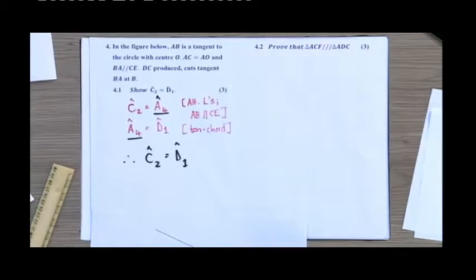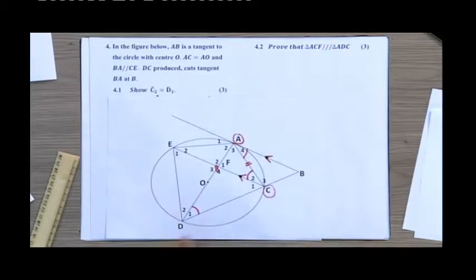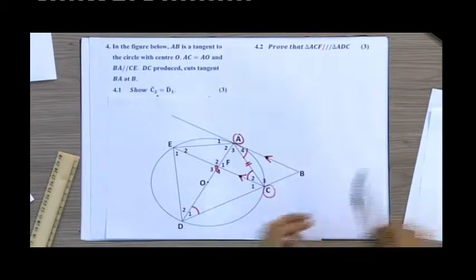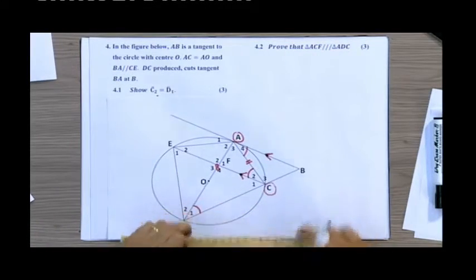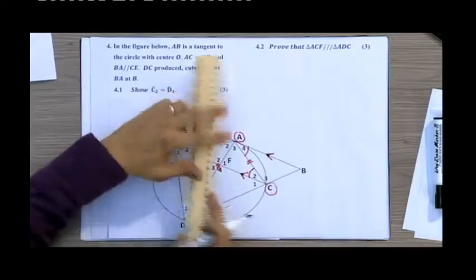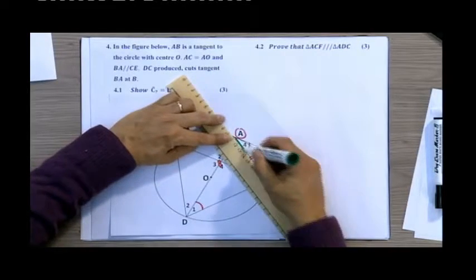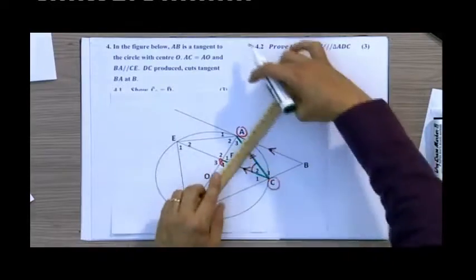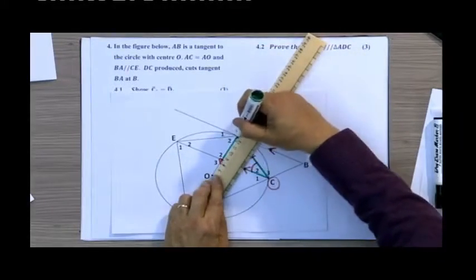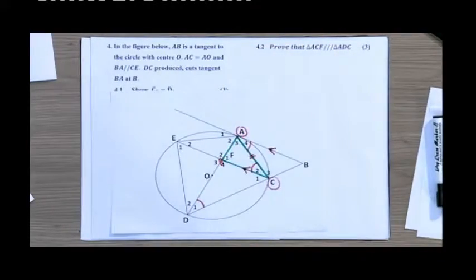With me? Right. Now let's just look at lastly the second question, and this is the last one that I would like to do. It says prove triangle ACF. Now where's ACF? That's A, just highlight that, ACF. Prove that that triangle is similar to which triangle? ADC.